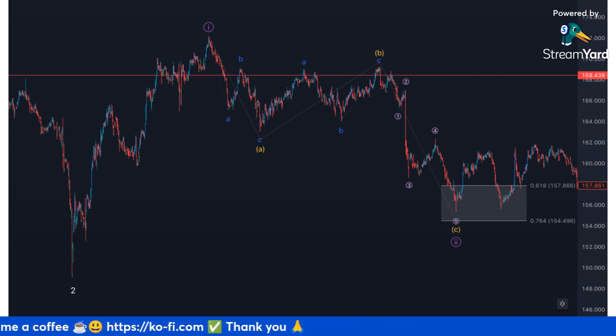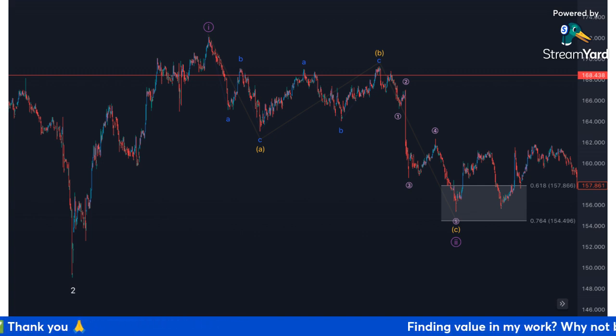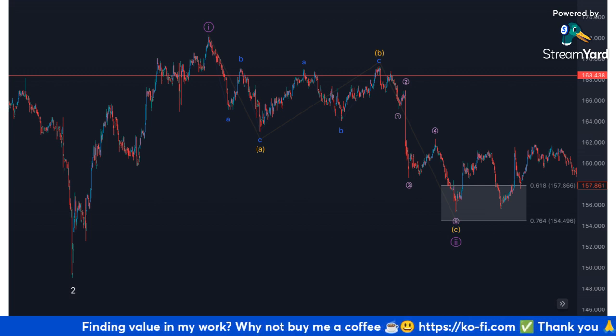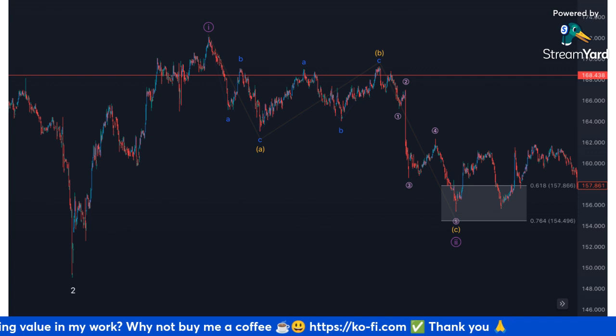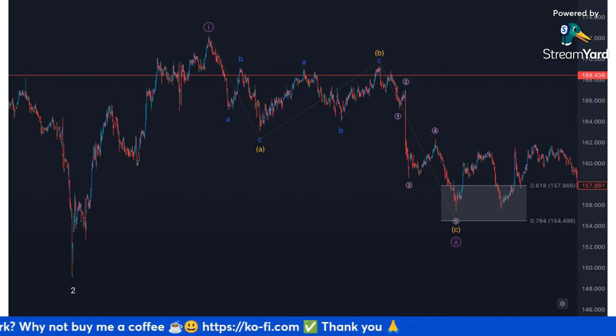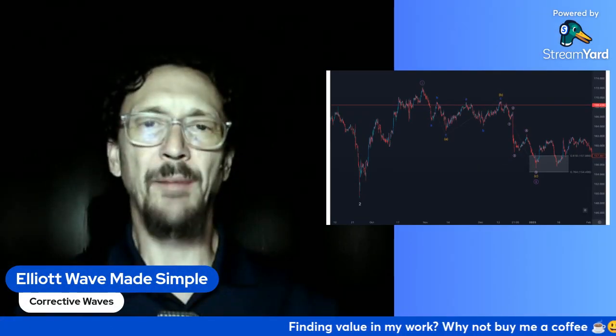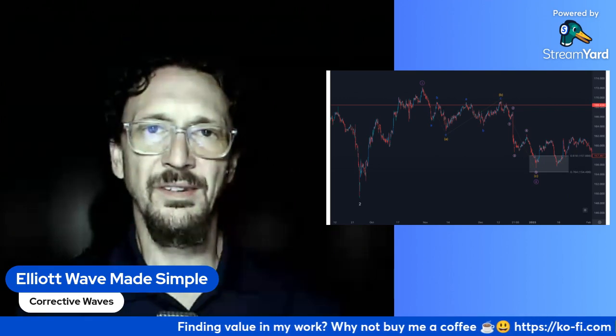And then this B wave unfolded in 3 waves. B, right? 1, 2, 3. And then what we know is we're thinking, okay, well, if this is 3 waves, we want to see if that next decline can play out in 5 waves, which will clue you in to expect a reversal when this is finished. So really what I'm giving you guys here is the context, okay?